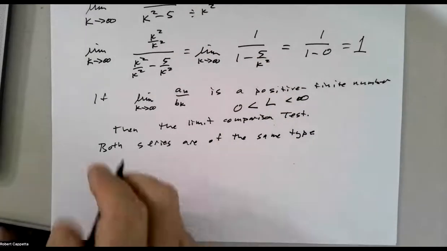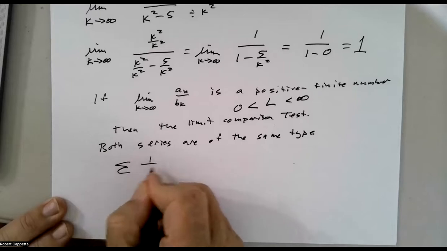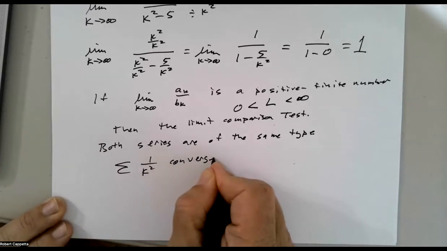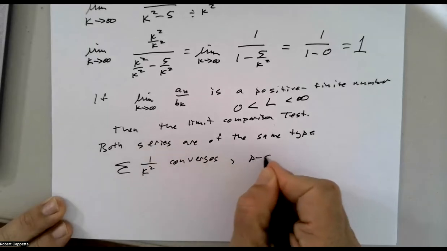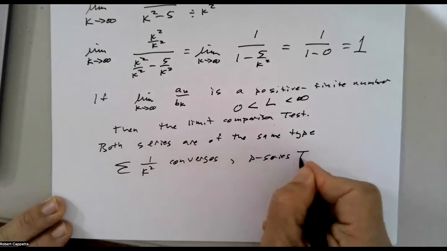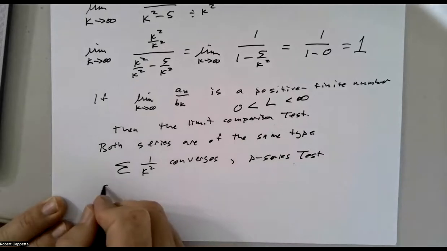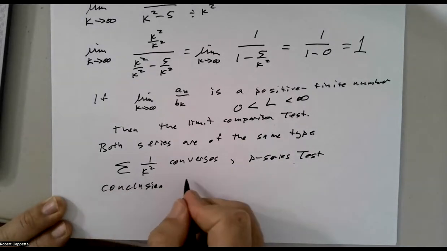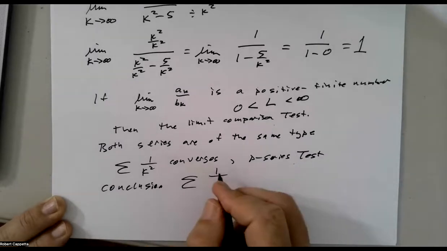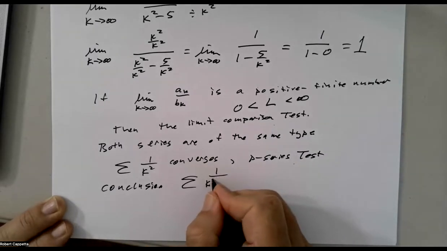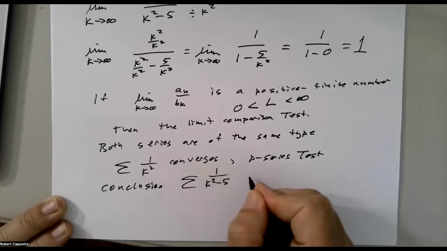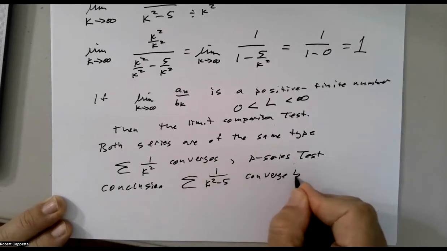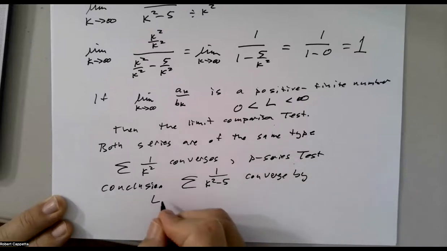We know the sum of 1 over k squared converges. Why? Because of the p-series test. So my conclusion will be what? The sum of 1 over k squared minus 5 will converge by the limit comparison test.